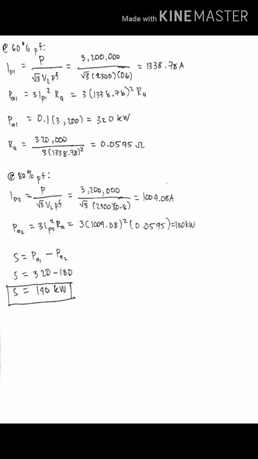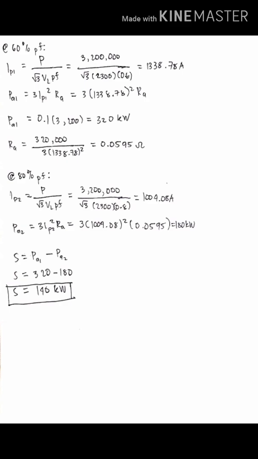First, at 60% power factor, find IP1. IP1 is equal to P over square root of 3 times load voltage times power factor.